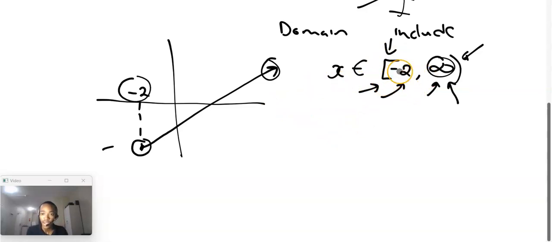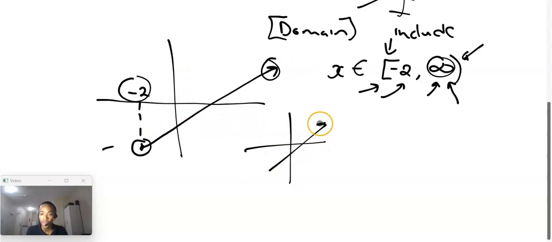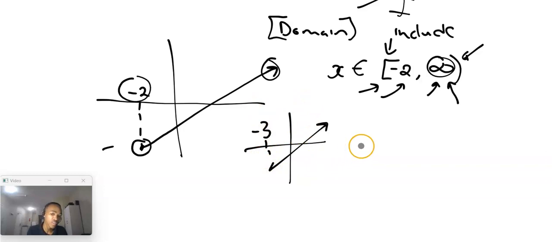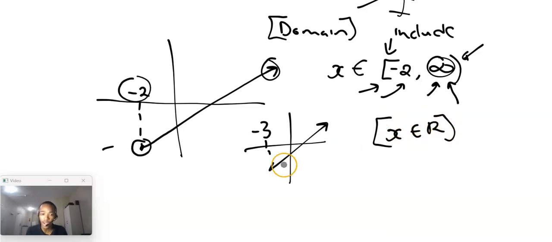So make sure that you understand what the term domain is, right? Because they can give you a function like this, and then maybe a -3, then they say find the domain. But because you are used to saying x is an element of real numbers, this is wrong here. Why? Because we do not have the arrow here.